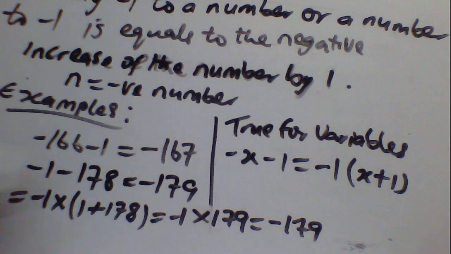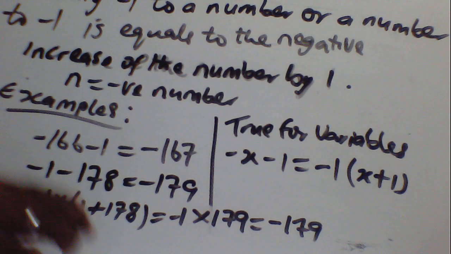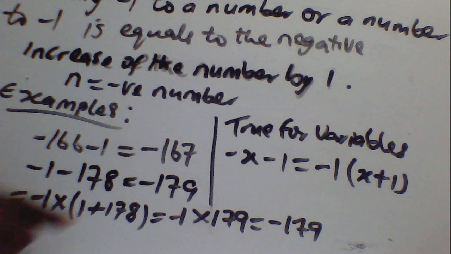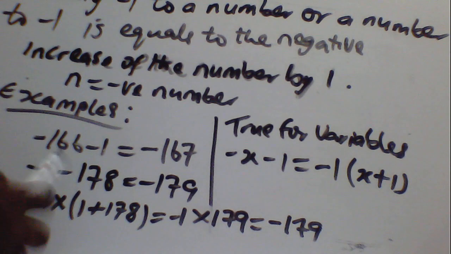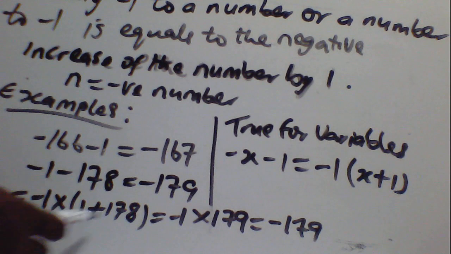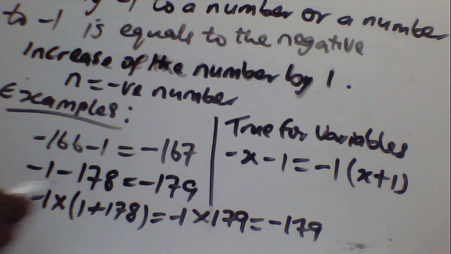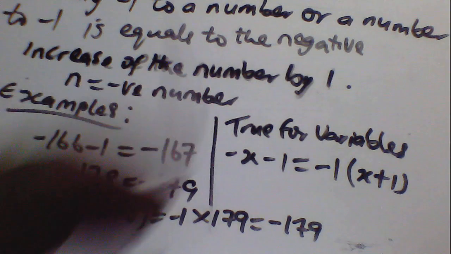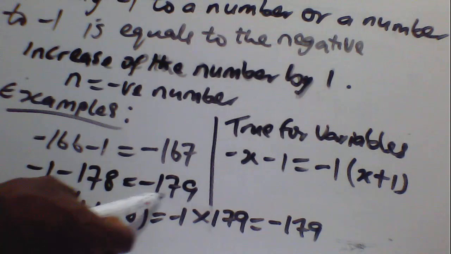So whichever way you write it, it is equal to the product of the increase of the number by 1 and minus 1, or the negative increase of the number by 1.